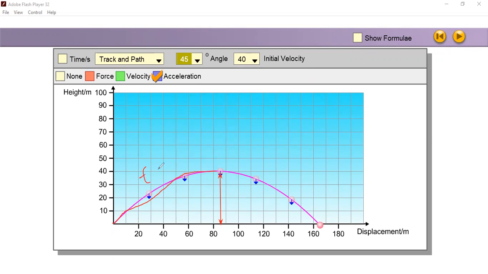The T up is equal to the time to fall down. Okay, that means T up is equal to T down. That means the time of flight, that means the time of flight for a throw up is equal to 2T.